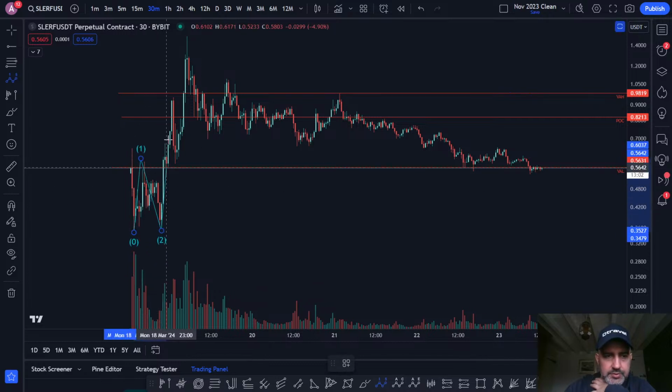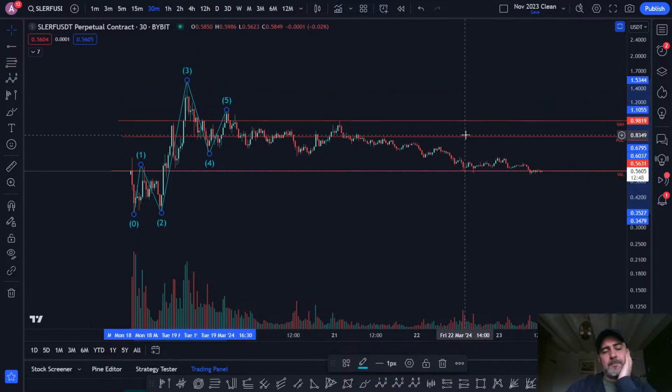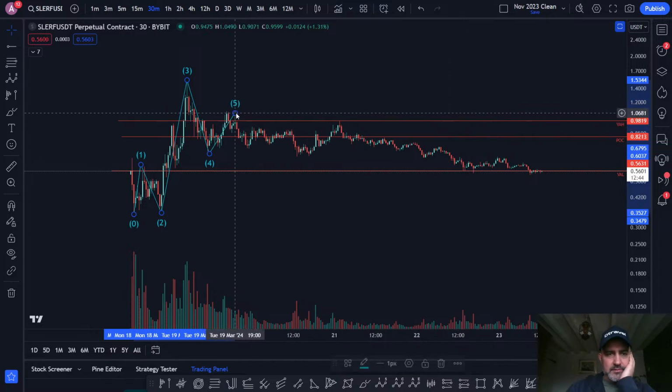One, two. Actually, 5 waves. Or maybe there.